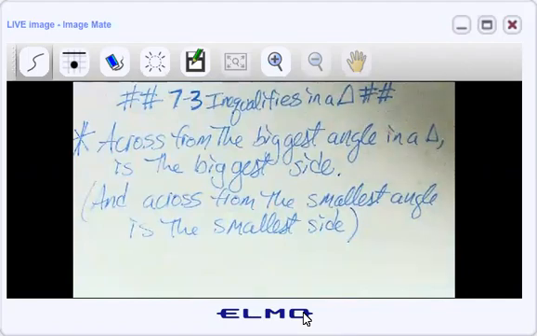So what I want to do is make a little triangle here and see if we actually agree with that. So give me just a second, find some colors that work out the way I want them to.